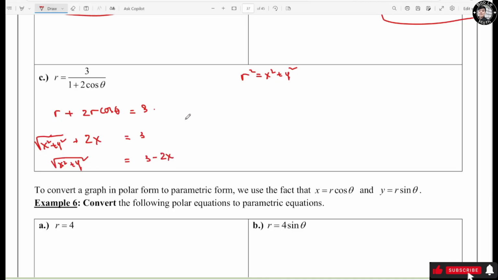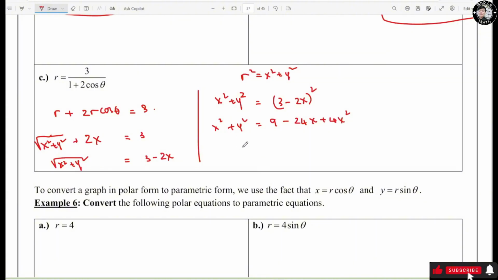Now, I'm going to square both sides. So it could be x squared plus y squared equals 3 minus 2x all squared. I'm going to use the perfect square formula to expand the right-hand side. So I have x squared plus y squared equals 9 minus 12x plus 4x squared.